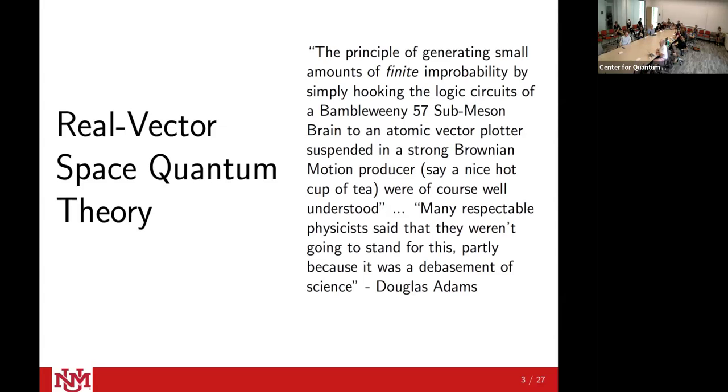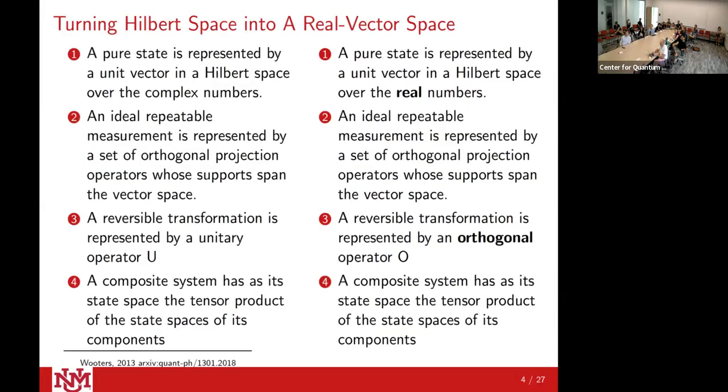So real vector space quantum theory: you might think, okay, with complex quantum theory, maybe rather than having n variables, we have 2n variables when we try to represent things. Couldn't we just use that many real scalars to have the algebra and scheme that still generates the same physics we see with our quantum mechanical predictions?